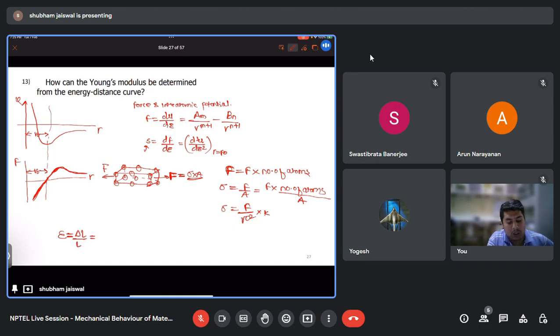Let's say the original is r naught and they are moving to some distance r. So it will be r minus r naught divided by r naught. Is it correct? So can I write this as d epsilon is equal to dr by r naught? Yes.